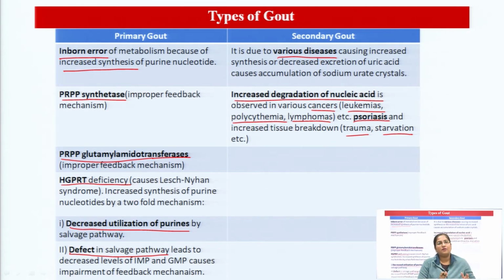So, primary gout is an inborn error. If we can fix these problems, then we can fix our primary gout, which is like you are on medication for a long duration. Then secondary gout, we can modify with certain medicines and daily habits.